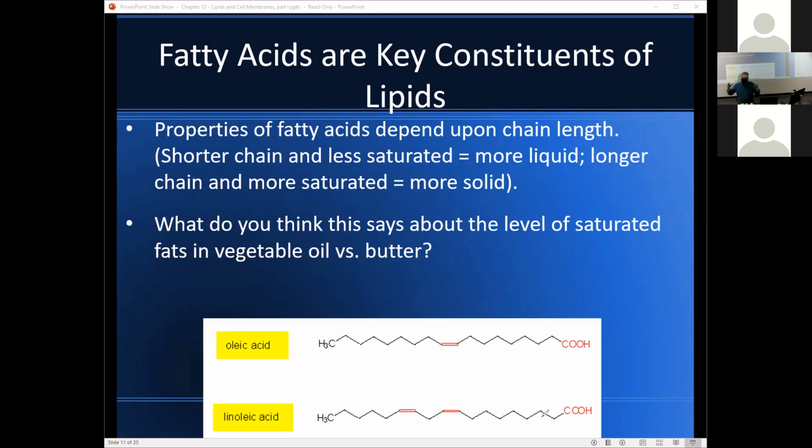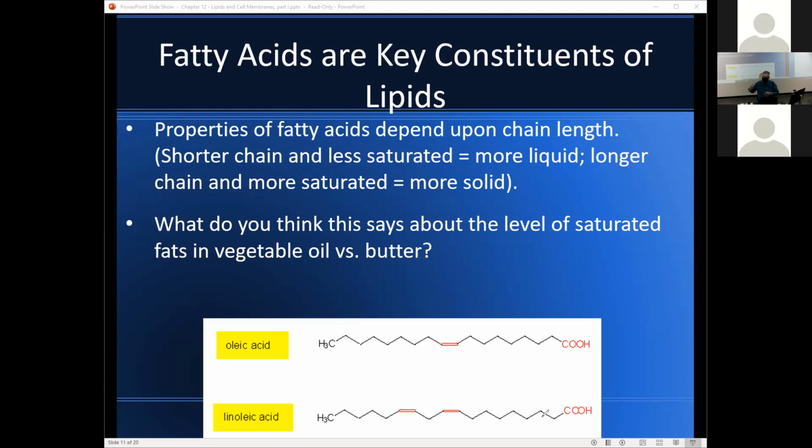This causes steric interference when we try to pack these together tightly. On the other hand, unsaturated fatty acids are the types of fatty acids that we would find from animal sources. So in things like butter, lard, all of these would be straight chain fatty acids.